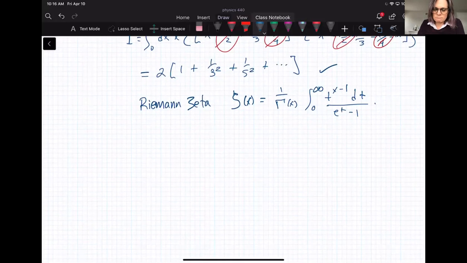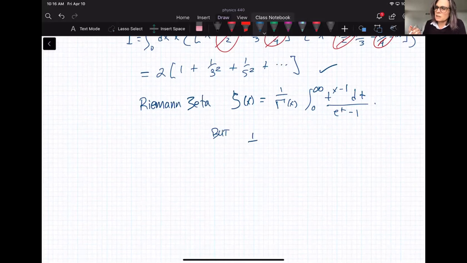That's neither here nor there, but you can write out a series expression for this, depending on what the value of the zeta function is, and you'll encounter zeta functions in quantum.